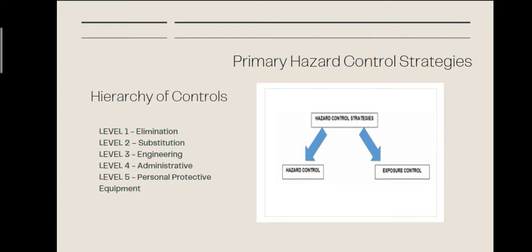For level 4, administrative controls, administration can change the way people work. And lastly, for level 5, personal protective equipment, it protects workers by the use of the PPEs, or personal protective equipment.